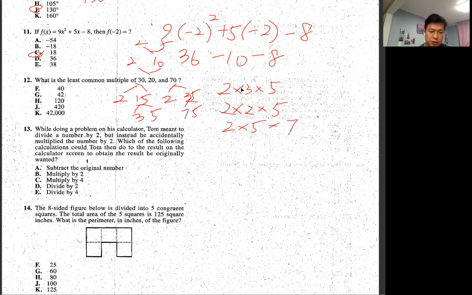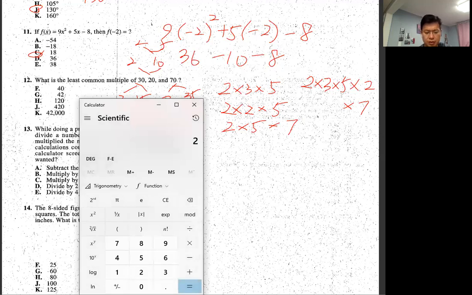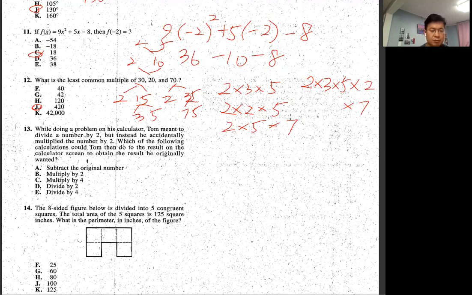So we need to include 2, 3, 5. 5 is already here, so we have to include another 2 because there are two 2s, but we only have 1, so include 1 more here. And then also we have to include 7, because 2 and 3 are already here, but 7 is not there. If you do this, you have to have all the components of these prime factors.